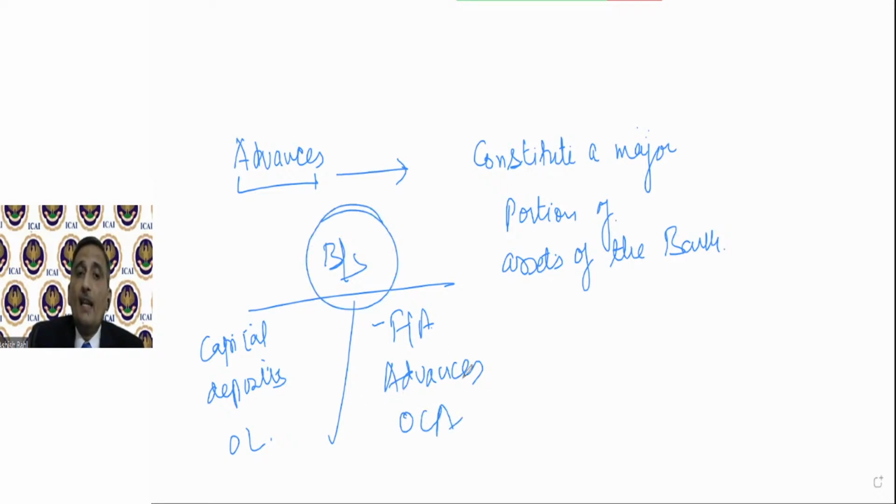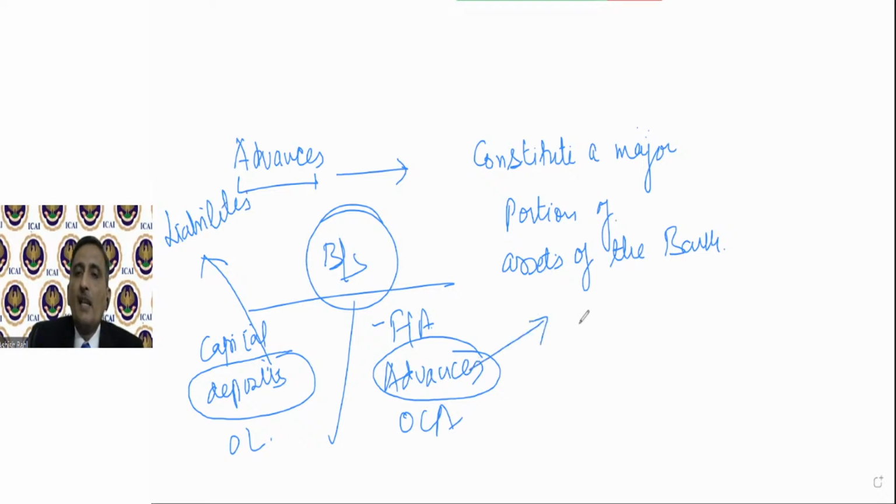So broadly, these two items, deposits and advances, constitute the bulk of the balance sheet of a bank. Deposits constitute the major portion of the liabilities side, and advances constitute the major portion of the asset side.